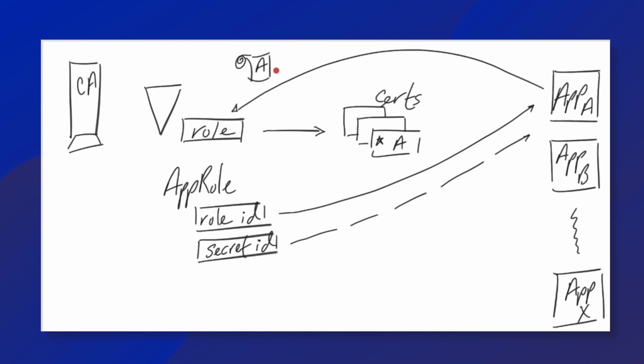And again, that's all down to permissions on paths in Vault. So for example, a read of a renew path could issue renewal. A read of another path could create an entirely new certificate. The idea is you can lock this down as much as you need to, and if we're following this example, the policies for App A mean that it's specifically going to be able to generate certificates for its own use.